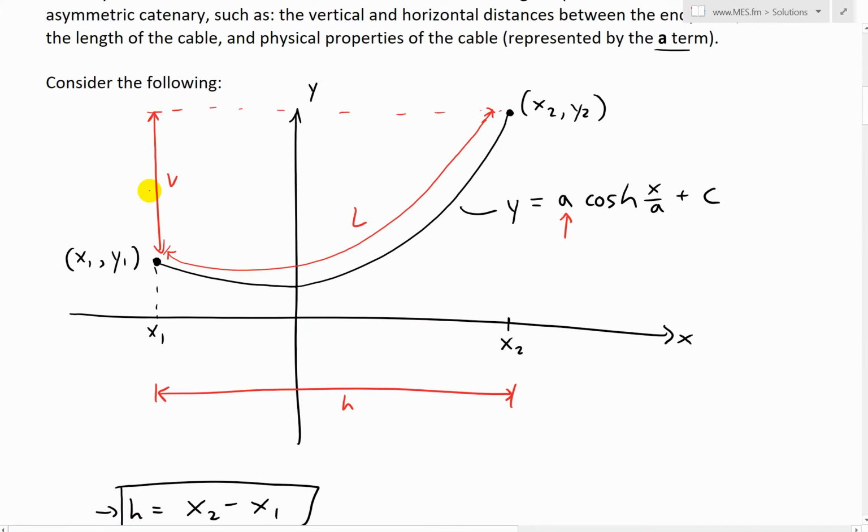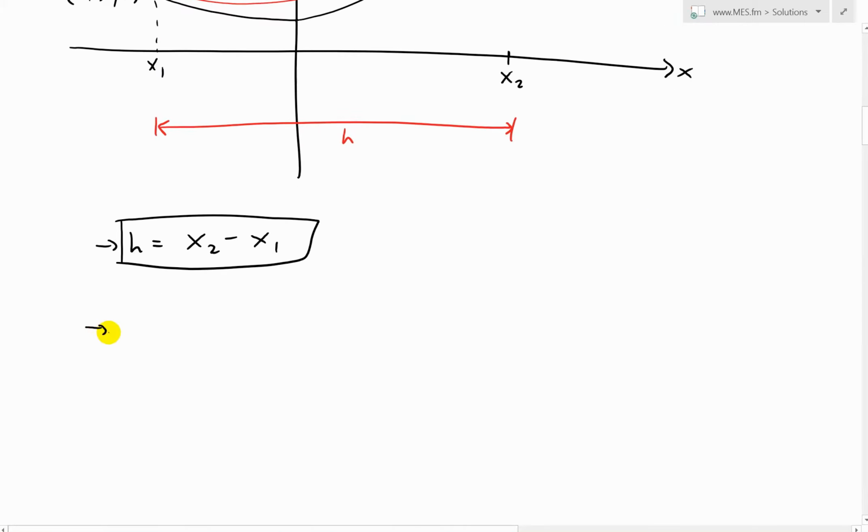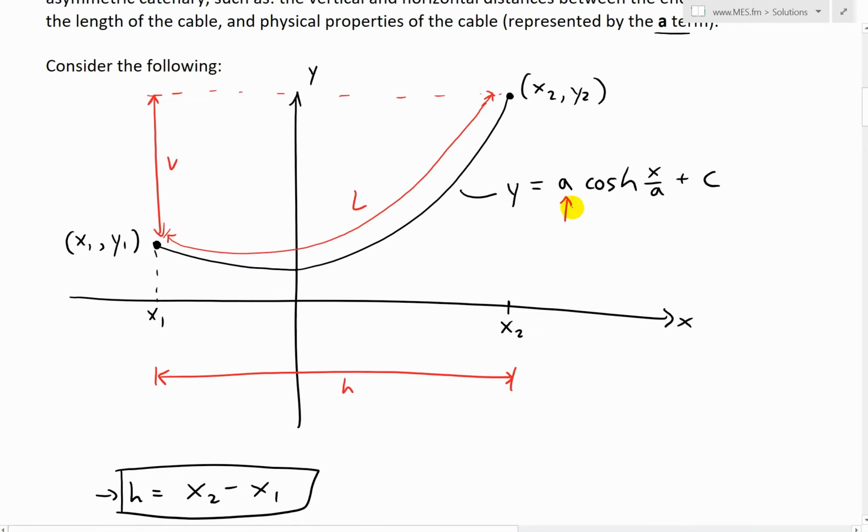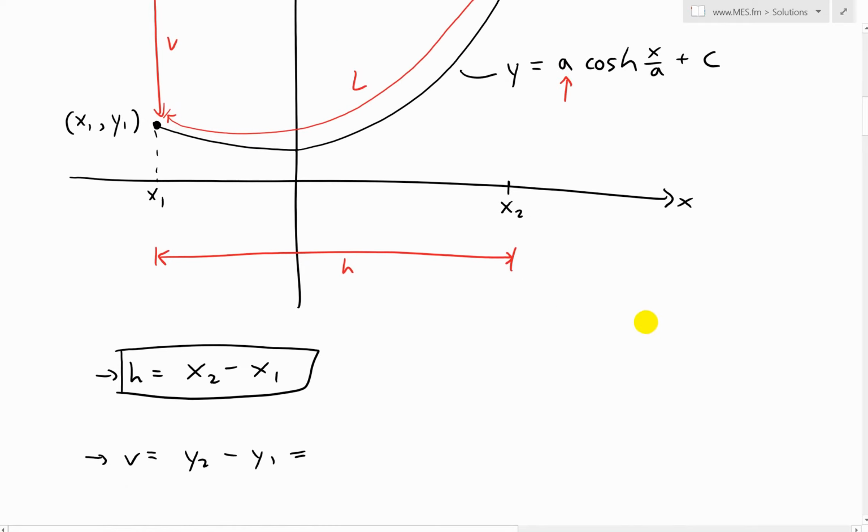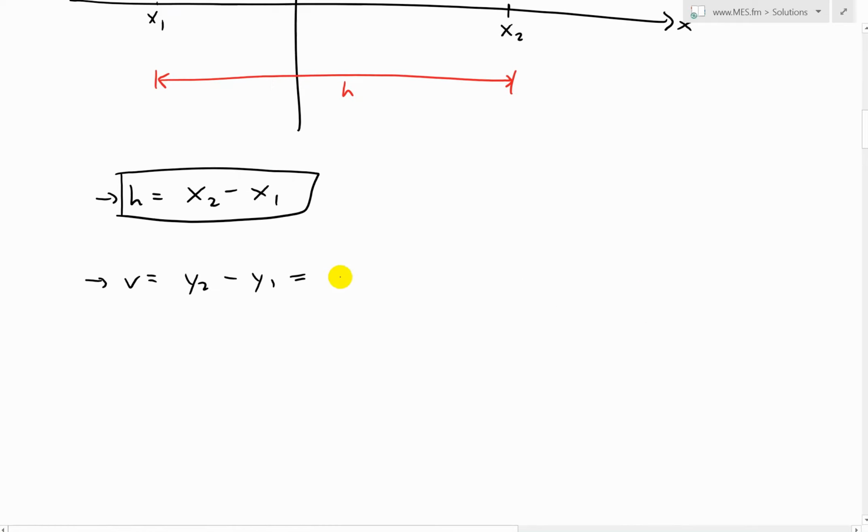Now the vertical distance v is just the difference, y2 minus y1. So v equals y2 minus y1, and then we can plug these into the formula a cosh of x over a plus c. So we have a cosh of x2 over a plus c, subtract, in brackets, a cosh of x1 over a plus c.